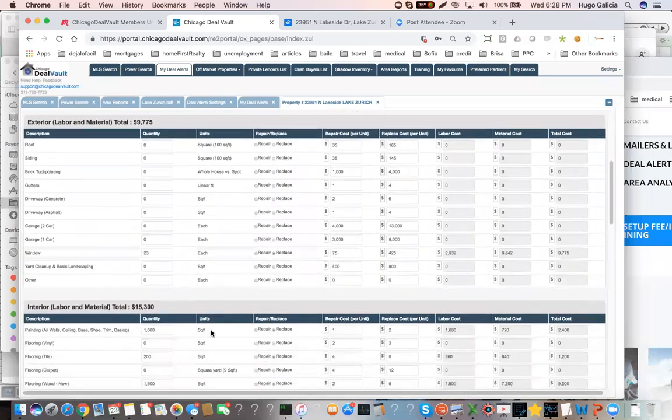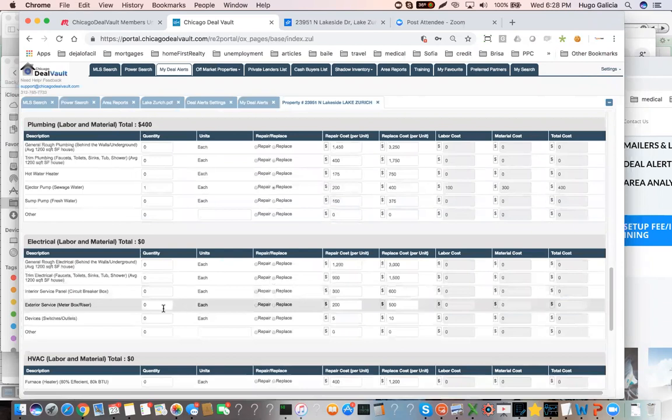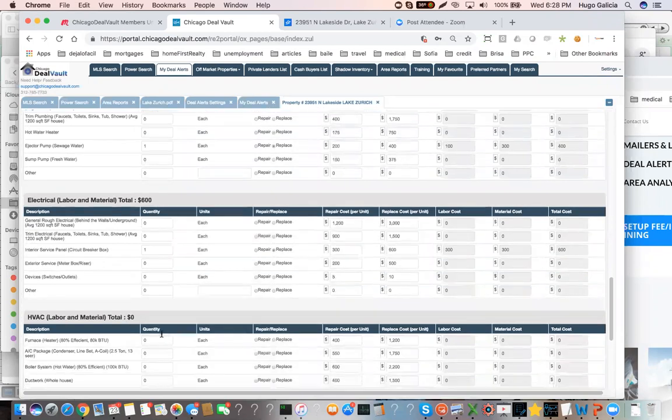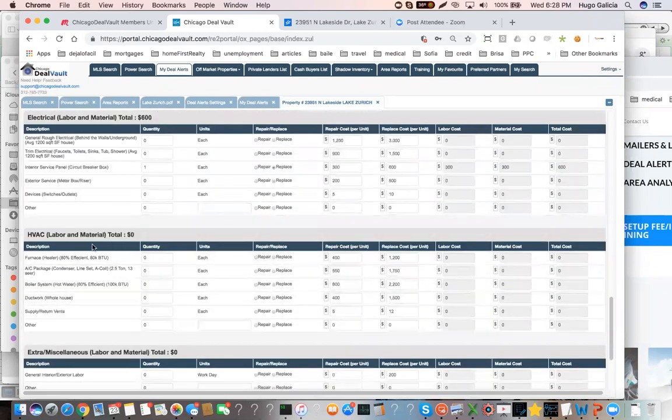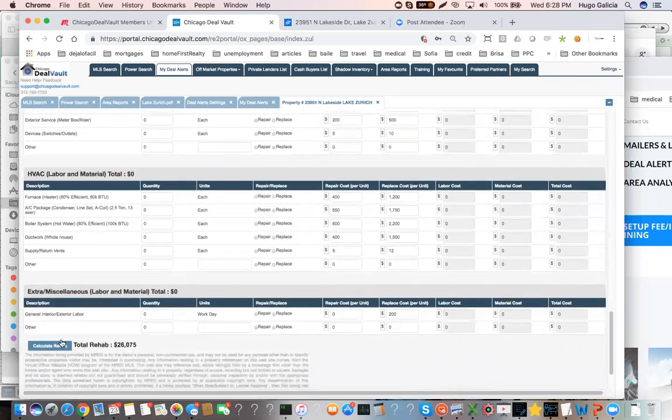And then we also found out, if we go to the electrical, we needed an electrical panel, an interior service panel. So that is one, replaced. It was totally new. And we didn't do anything to the HVAC. It was in perfect working condition, so we didn't have to touch that. So friends, we are at 26,000 right now with the windows and the service panel.